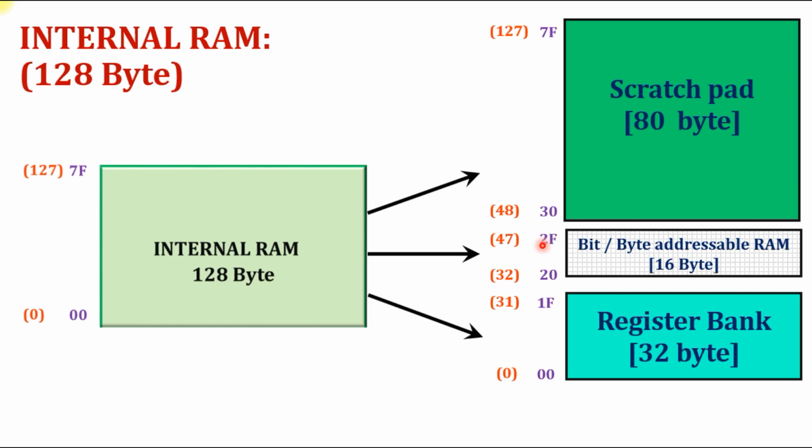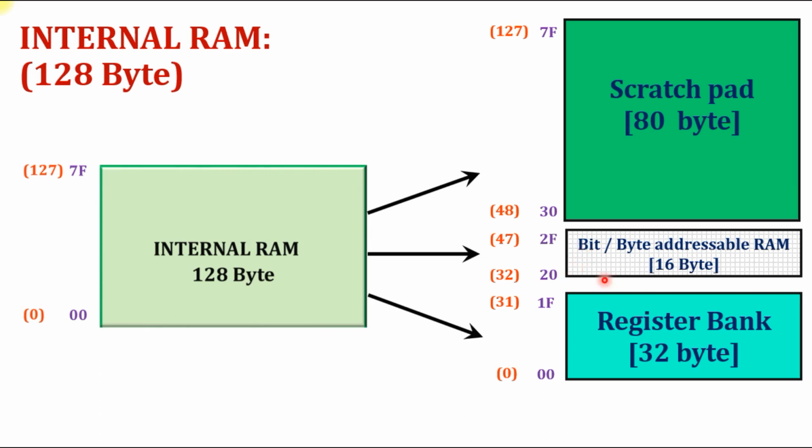We do not have sufficient memory organization, and we also do not have any kind of instructions for that. But in 8051 that additional feature is given: bit addressable RAM is available, which means 16 bytes.